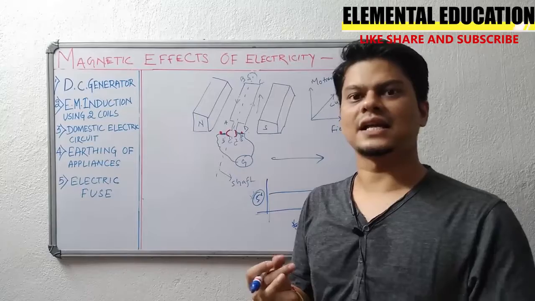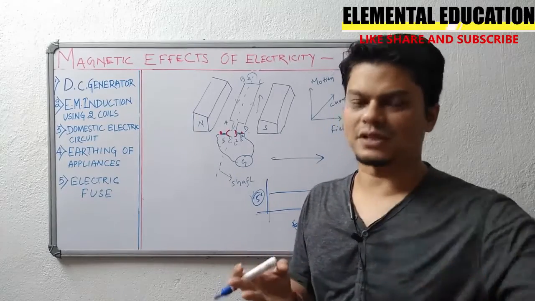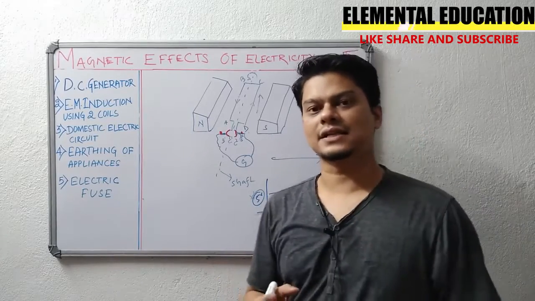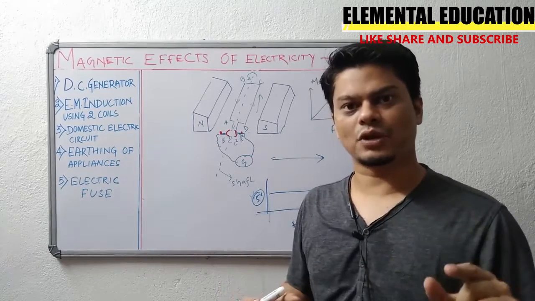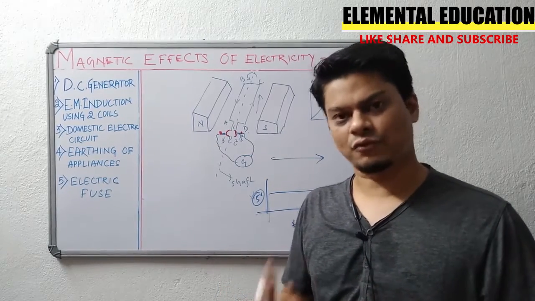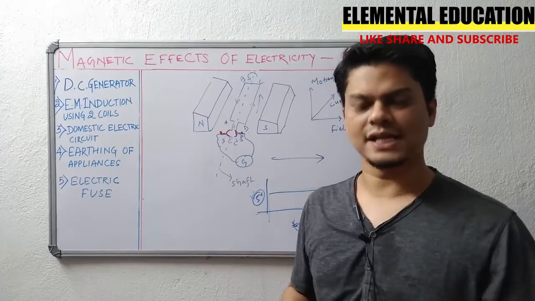So DC generator and motor are of the same construction. So the question here arises, can I use a DC motor as a DC generator? Yes, of course I can use a DC motor as a DC generator.